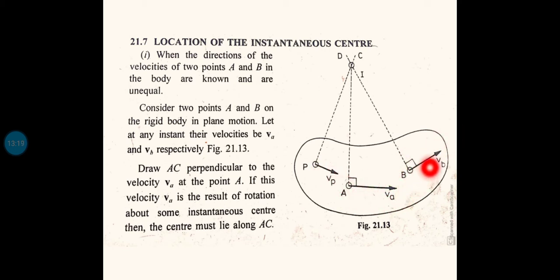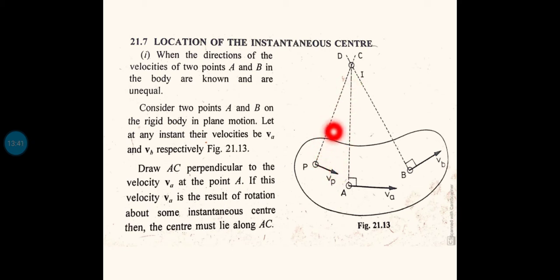So in that case, to find the instantaneous center, what we will do is draw perpendiculars to the direction of the velocity from the end of the velocity vector. See, the velocity at the point P is along this direction Vp. This is a vector shown here. So I am drawing a dotted line here perpendicular to this velocity vector Vp.